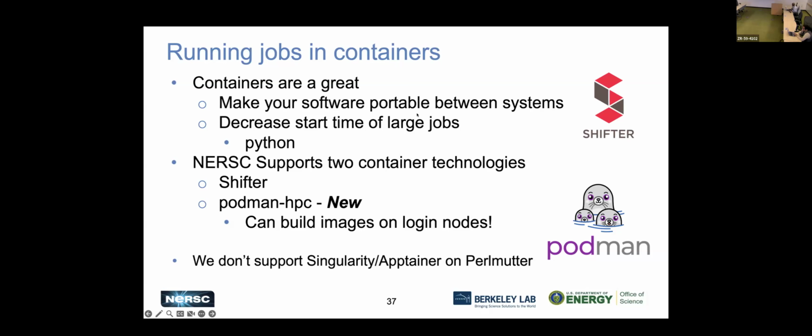And so it can help with decreasing the start time of large jobs. At NERSC, we support container technologies Shifter and Podman for building images on login nodes. We don't support Singularity or Apptainer on Perlmutter. So these are the two recommended for you to use.